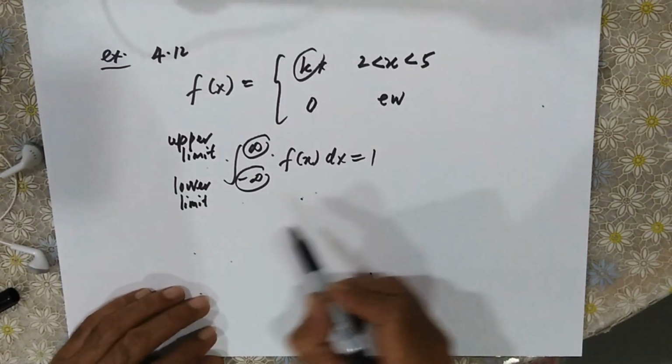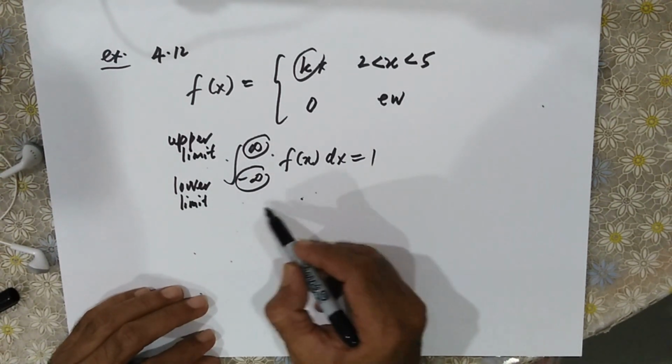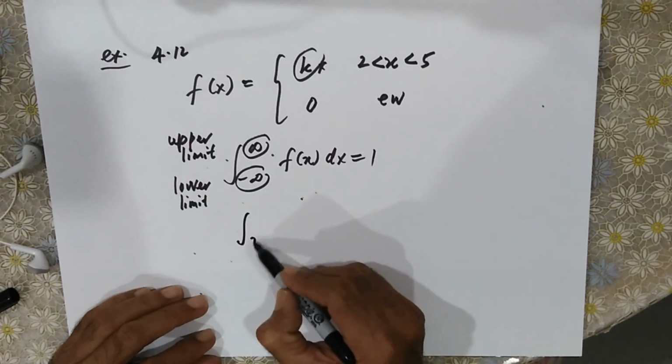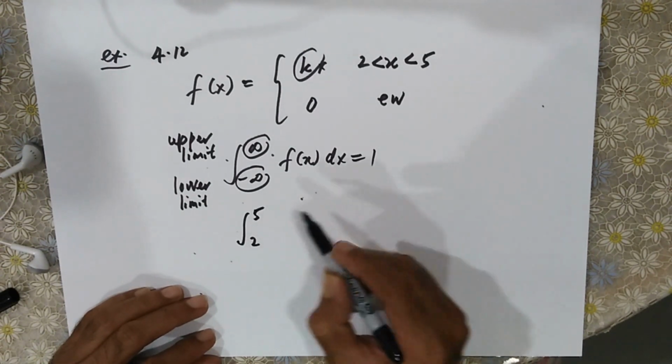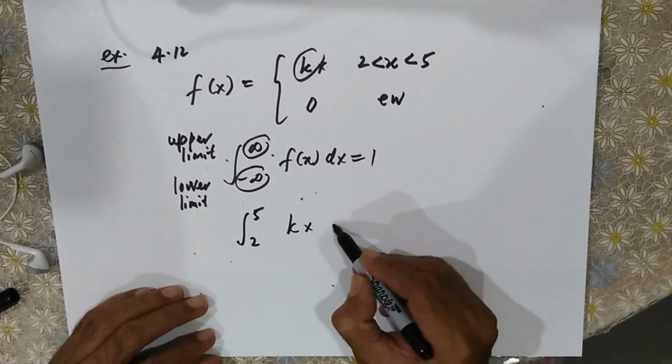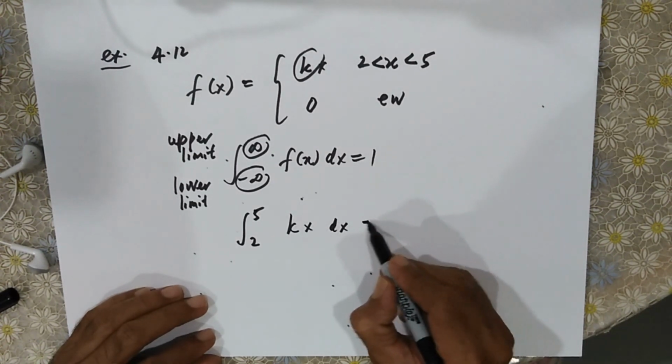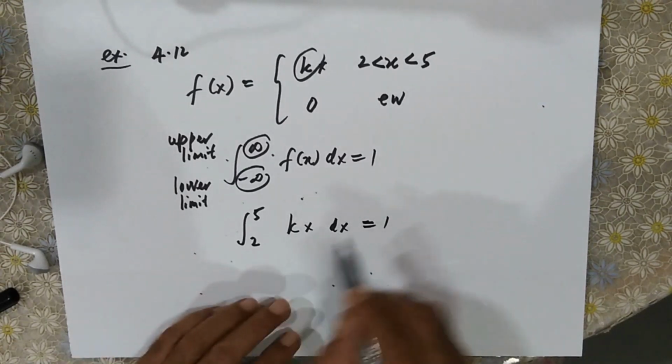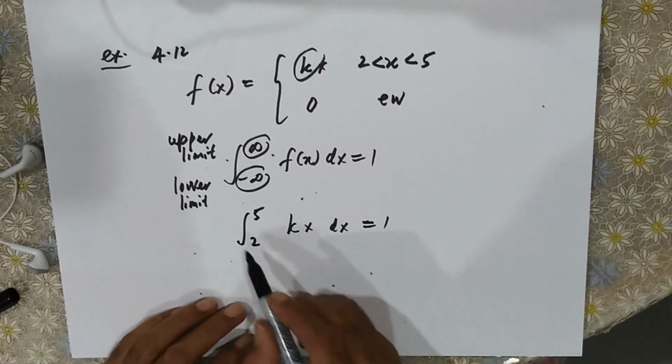Now, if I substitute here, my lower limit is 2 and the upper limit is 5, and the probability function there is kx dx. This must equal 1. So from here you can get the value of k.